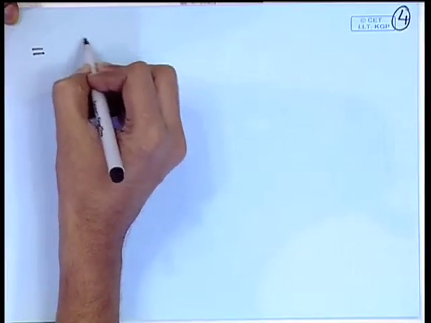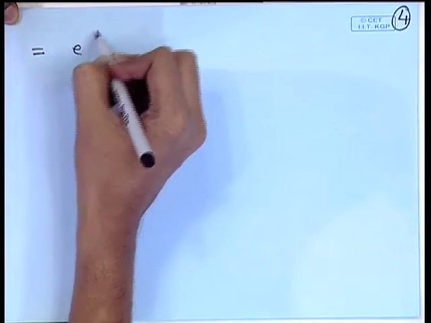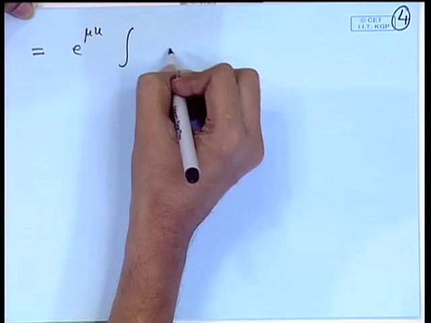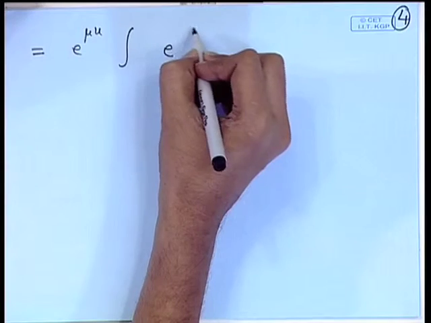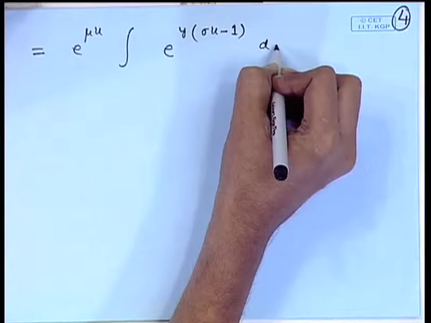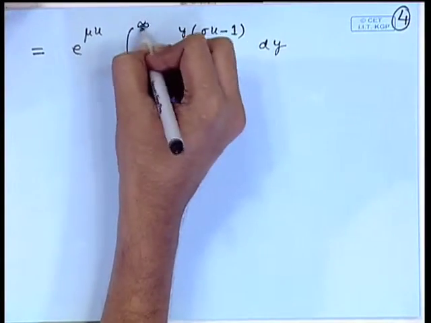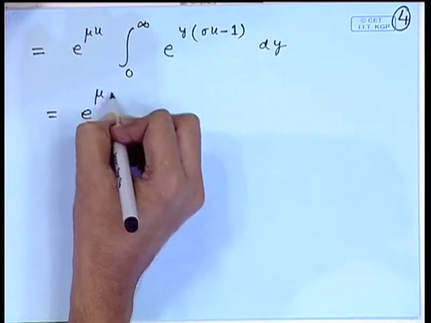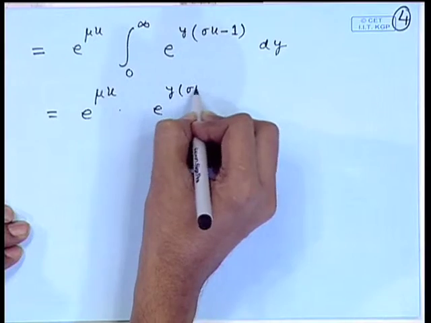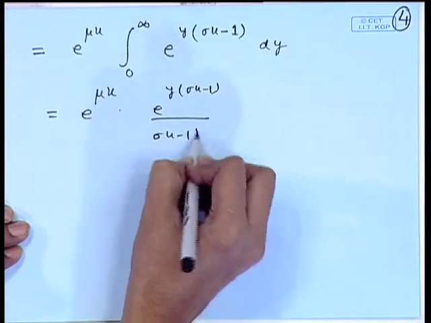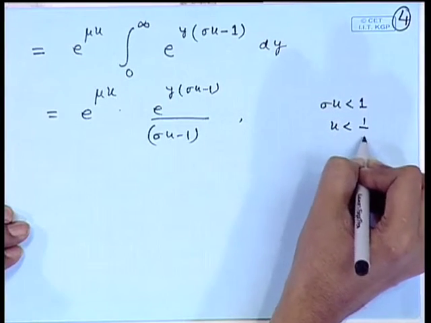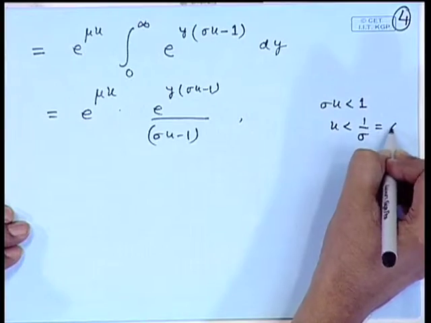It is equal to e to the power mu u, integral of e to the power y (sigma u minus 1) dy from 0 to infinity. So, e to the power mu u, and this becomes e to the power y (sigma u minus 1) divided by (sigma u minus 1), provided sigma u is less than 1, or u is less than 1 by sigma, which was basically lambda, evaluated from 0 to infinity.